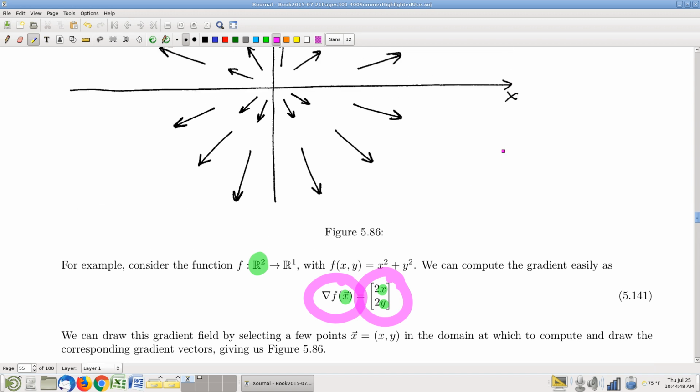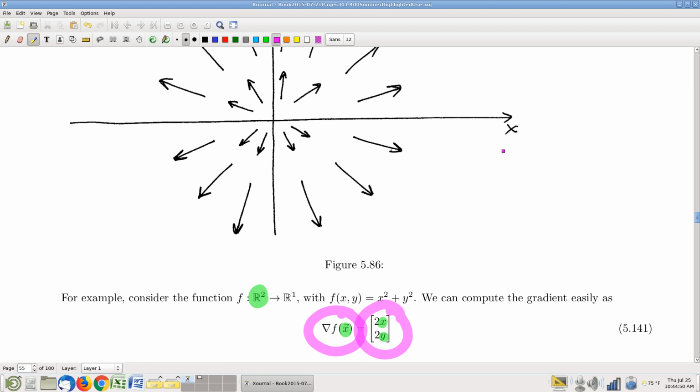And it looks something like this, sort of radially outward. And at a point, for example, there, the corresponding vector is like this. Everybody on board?